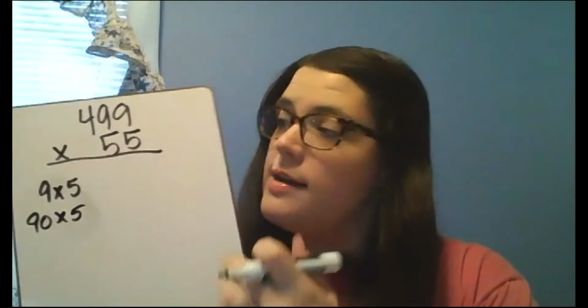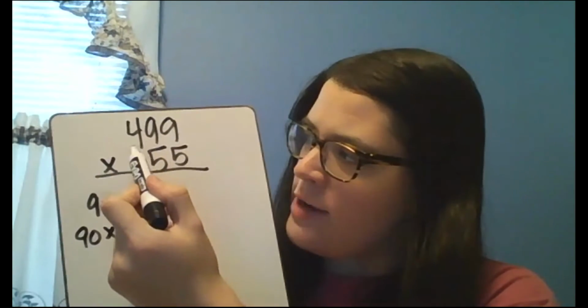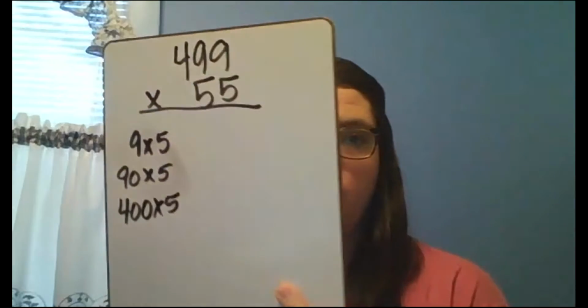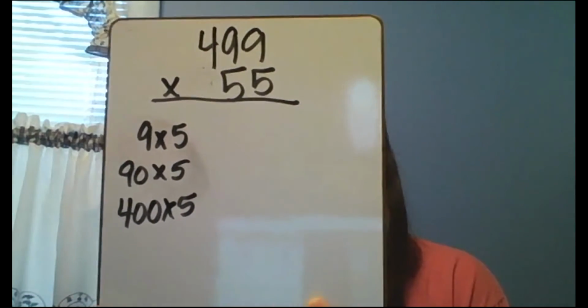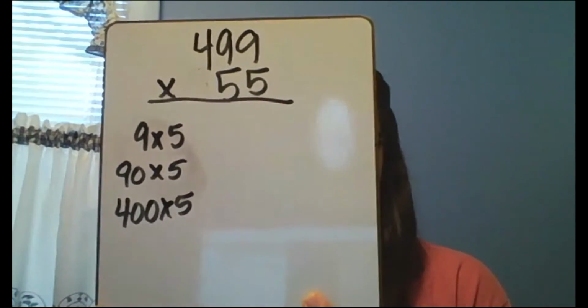Then we go to our hundreds place. 400 times 5. So that 4 is in the hundreds place, so it's 400. And we're going to multiply it by 5. So we have our 9 times 5, 90 times 5, and 400 times 5. Okay? So let's go ahead and solve those.